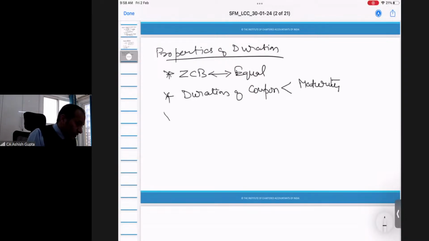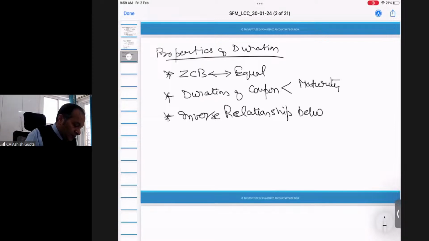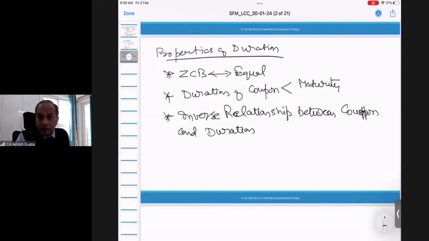Then third, the inverse relationship, very important, between coupon and duration. Because as the coupon rate increases, the duration will be lesser and lesser because of high recovery.